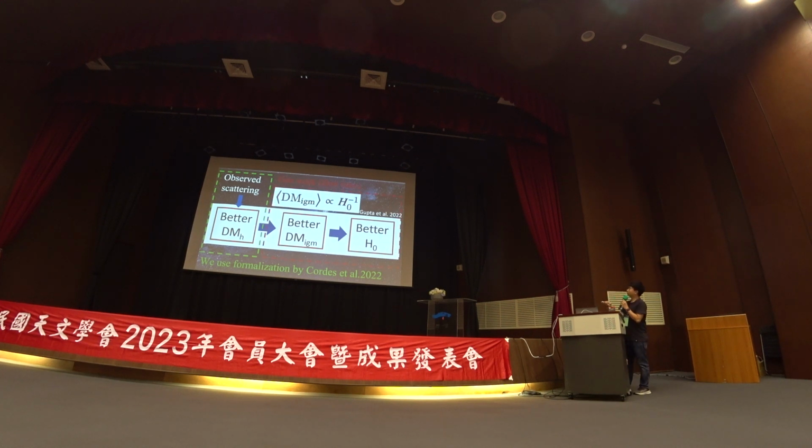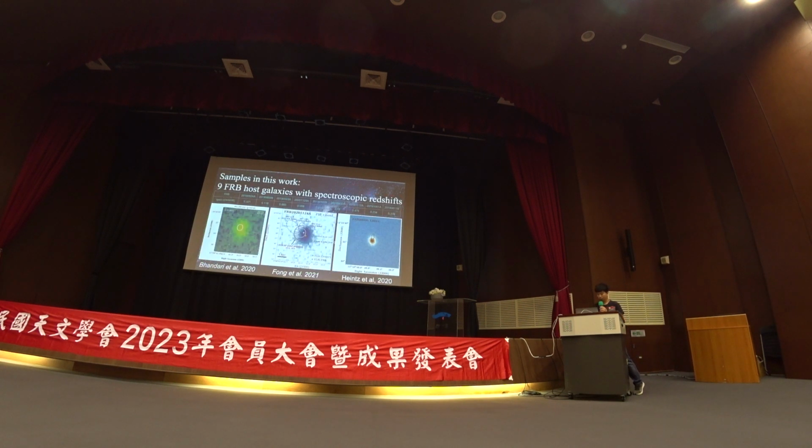From the paper Group R 2022, DM is proportional to 1 over the Hubble constant, so we can get a better Hubble constant. We use the 9 FRB sample in our result. This is what I use, 9 FRBs.